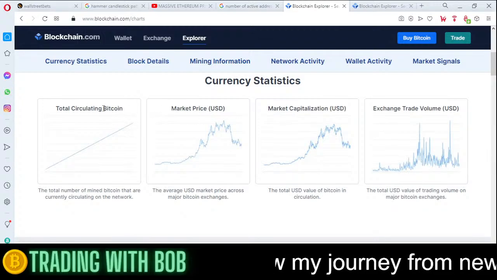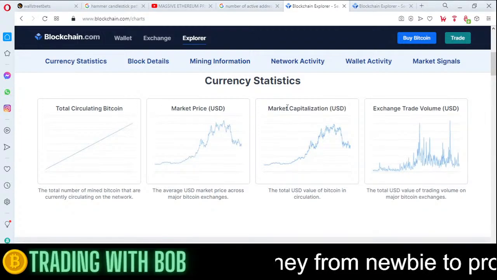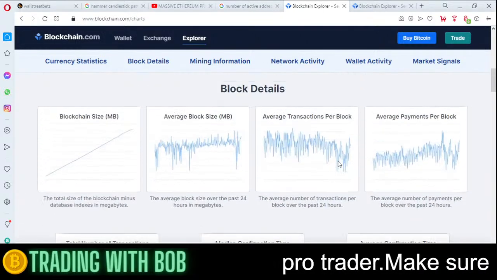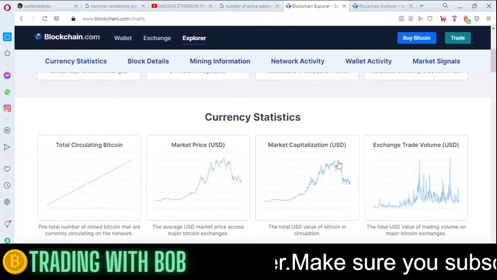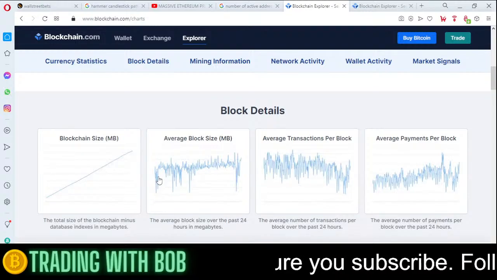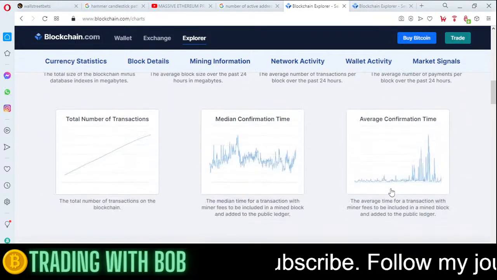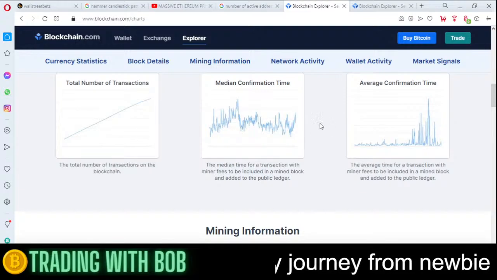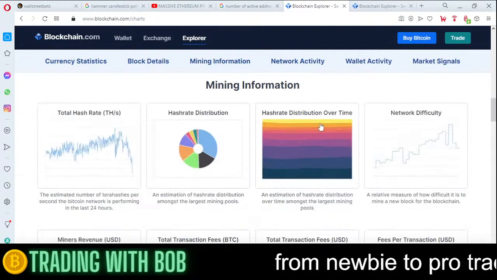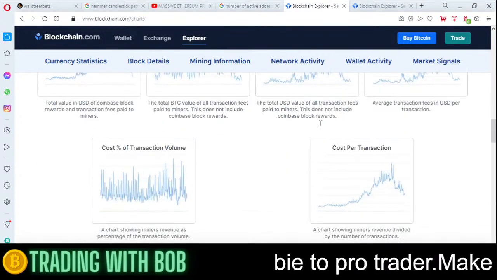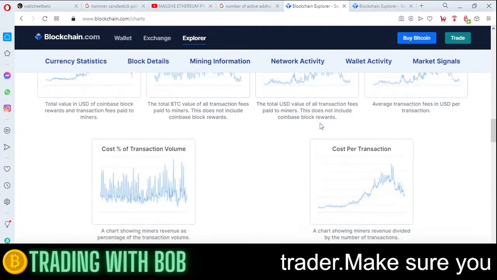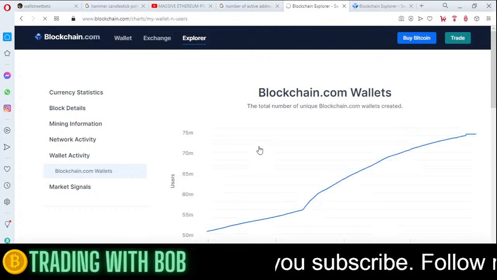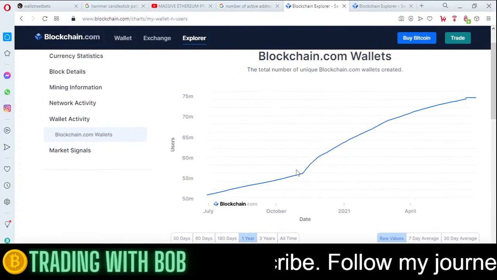Market cap, total circulating Bitcoin, market capitalization, block details. Wallet activities, let's click that. Okay, so that's what you click to get onto it.